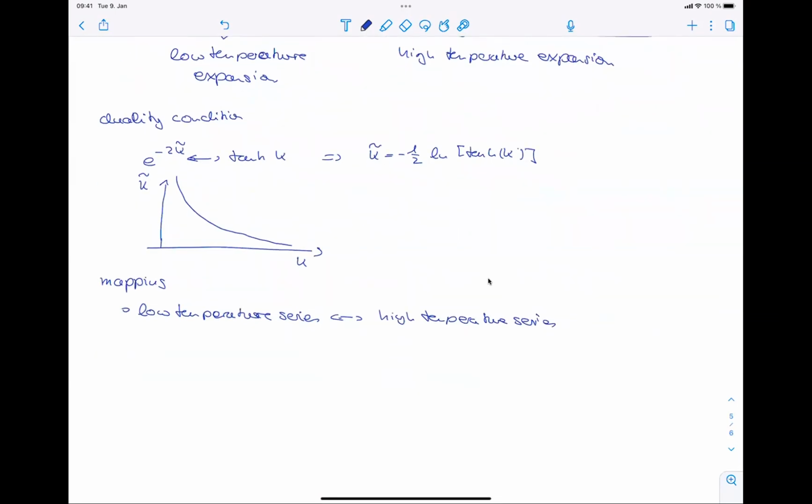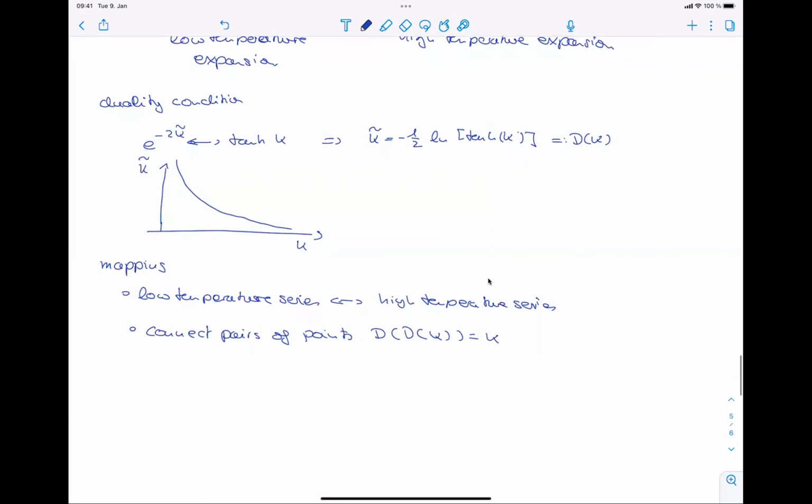And let me define this mapping as D of K. And I can obviously map from low temperature to high temperature and then perform the same mapping again to go back to low temperature, right? So I can entirely connect pairs of points by performing this mapping twice on K, I should be back to K.